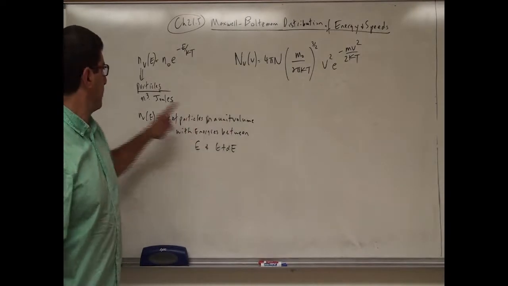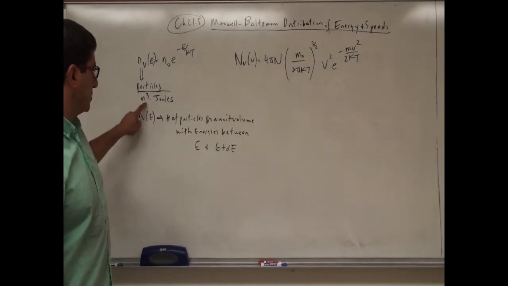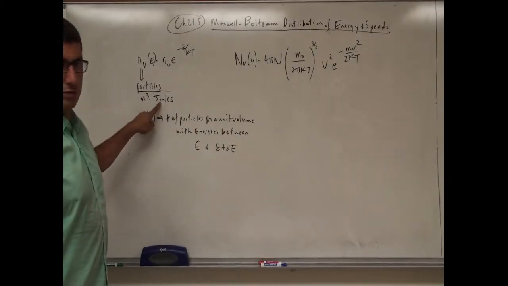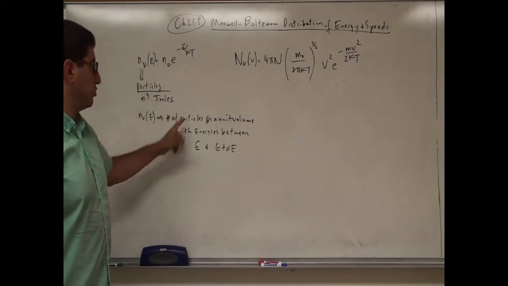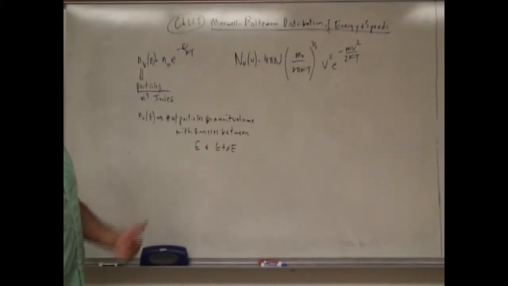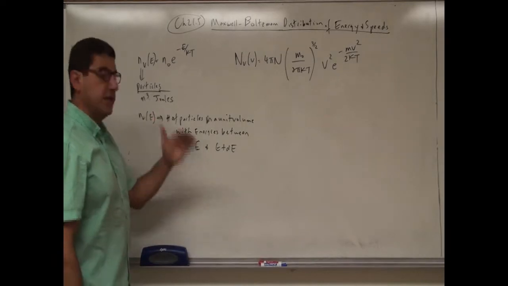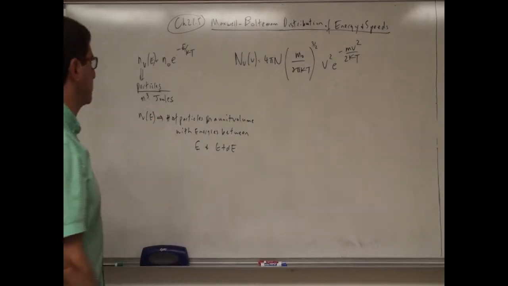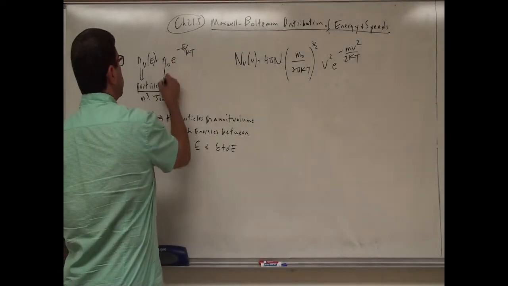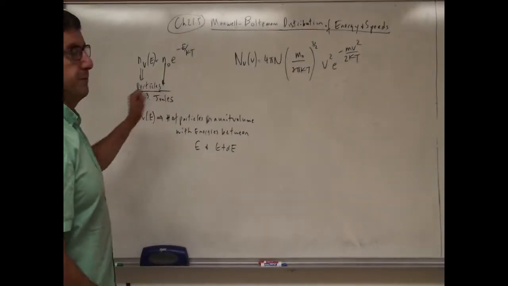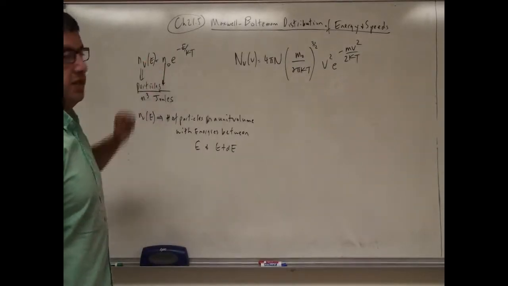Number of particles in the unit volume. So it's particles per unit volume per joule, right? And then that's going to tell you the total particles per unit volume with energy between E and E plus delta E, right? So the units of the N0 has to also be the same as the units of the N_V(E), right?